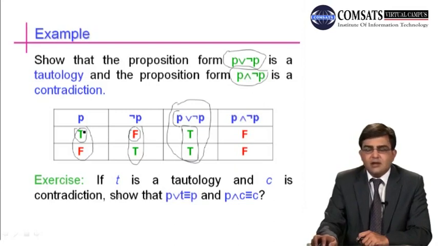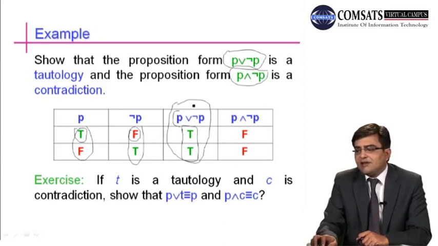P is true and false, not P is false and true. But in the compound proposition P or not P, every possible truth value is true. Therefore, this compound proposition is a tautology.